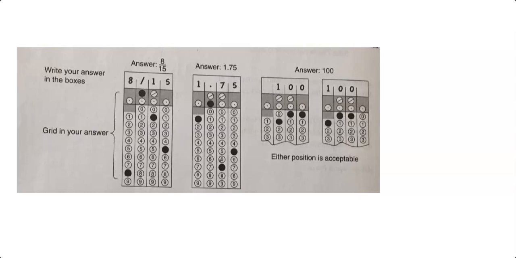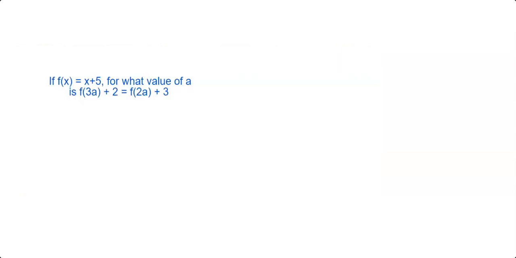If you have a decimal, you'll use the circle just underneath that for your decimal fill-in. It doesn't matter if you answer 100, if you put it in the right 3 boxes or the left 3 boxes, it will still count the same. Okay, we'll talk more about that another time.